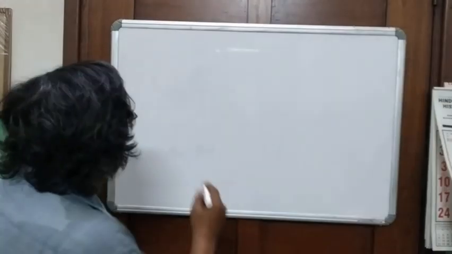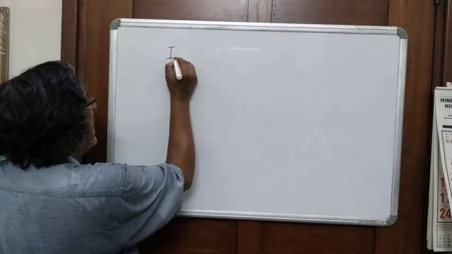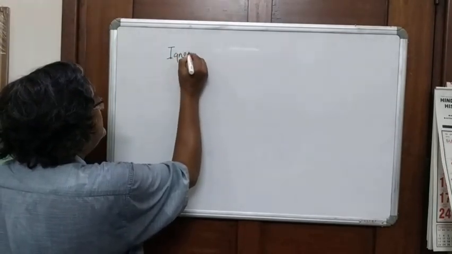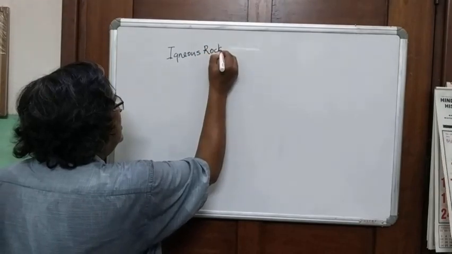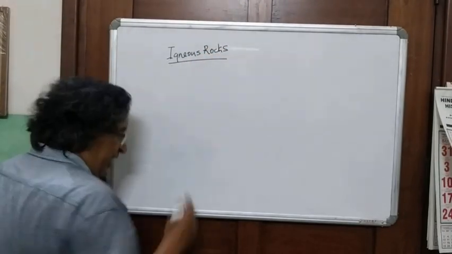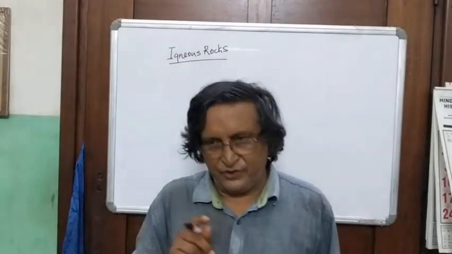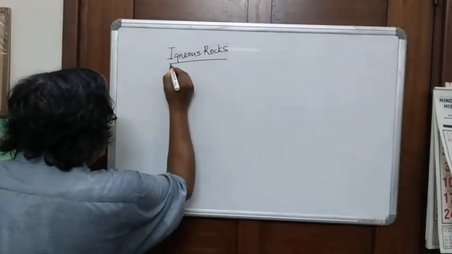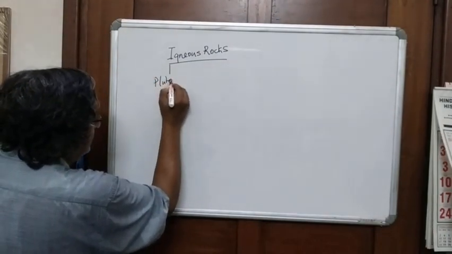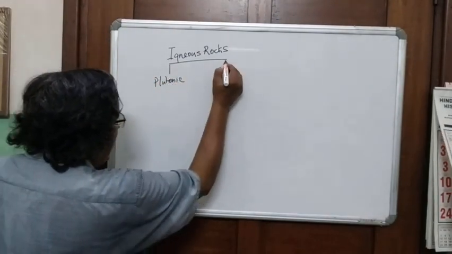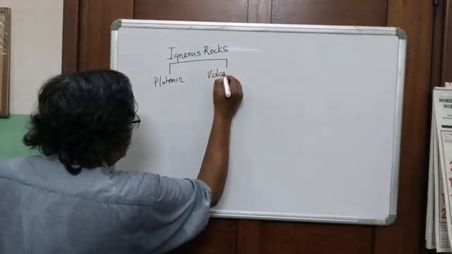As you know now, there are three types of rocks. One is called igneous rock. Now, igneous rocks are of two types. One is called plutonic rocks, and one is called volcanic rock.